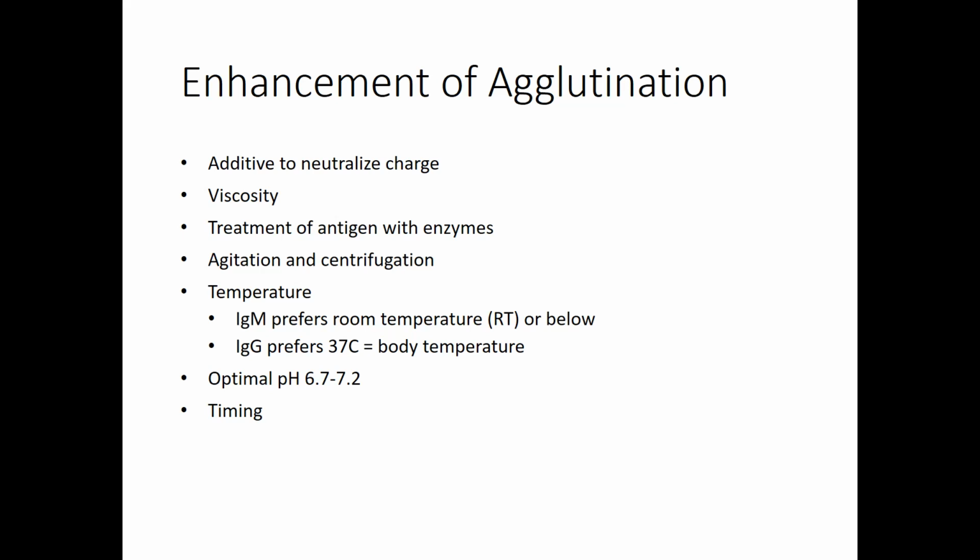Let's go to the agglutination enhancement that we do, though, with IgG. Some of the enhancement reactions can overcome some of the obstacles of that sort of small IgG. Remember, IgG is a great one because it's got nice specificity, but it has those problems of being small and not too flexible. So we may, for example, add an additive to neutralize the charge in those hemagglutination reactions, those ones with red cells.